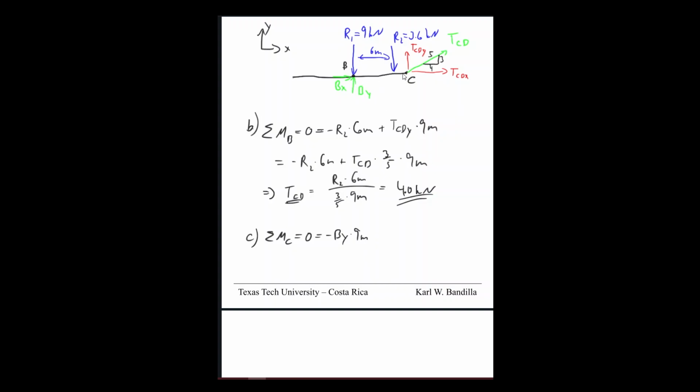BX, the line of action is going to go through C, so we don't have to worry about that. R1 is turning counterclockwise times 9 meters. And then R2 is also going counterclockwise, and that was 3 meters.